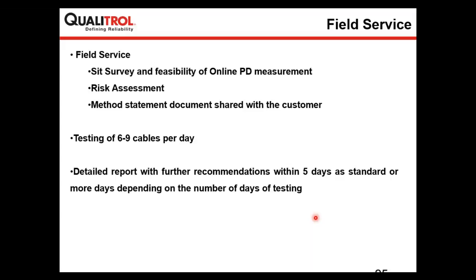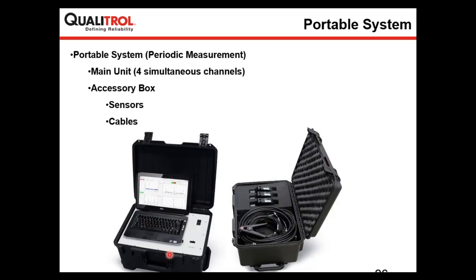Apart from this, we offer the portable system. Here, in front of you, this is the standard kit. On the left is a main unit, and on the main unit you can place the laptop which is provided with the system. The expert analysis software is installed on the laptop, and the data acquisition and the analysis is done on the laptop.